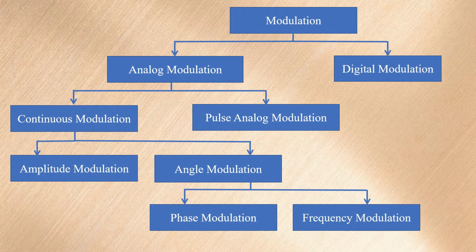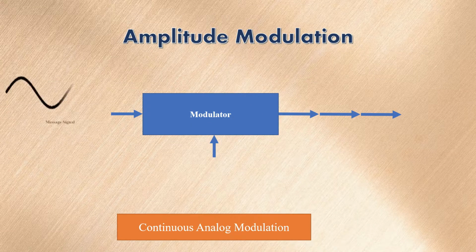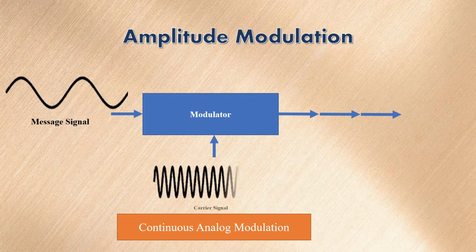There are many types of modulation techniques. In this video, we are going to see about amplitude modulation. Amplitude modulation comes under the category of continuous analog modulation, in which both the input message signal and the carrier signal are continuous signals, that is, they vary with respect to time.